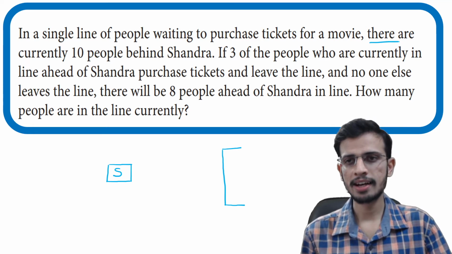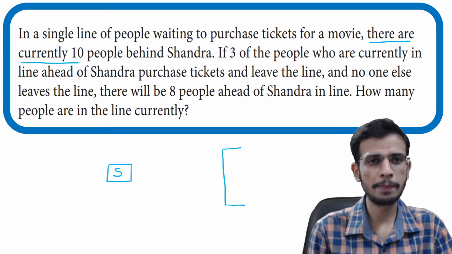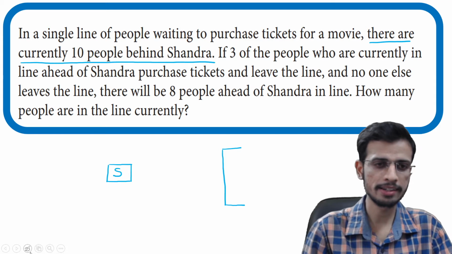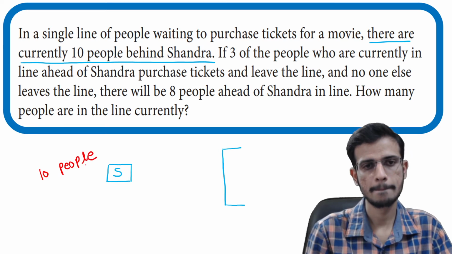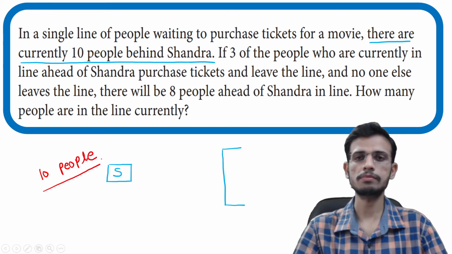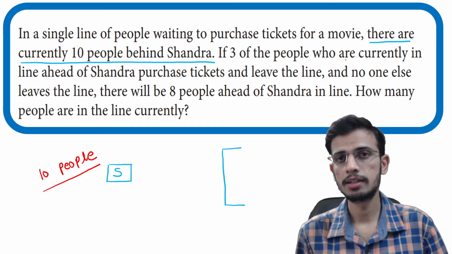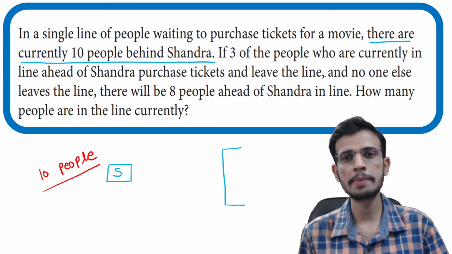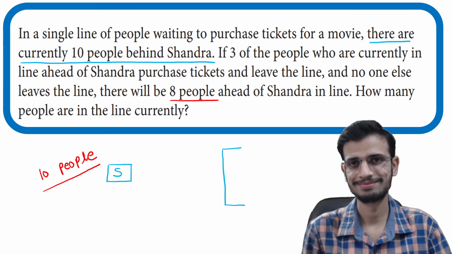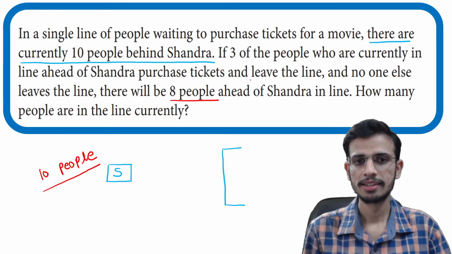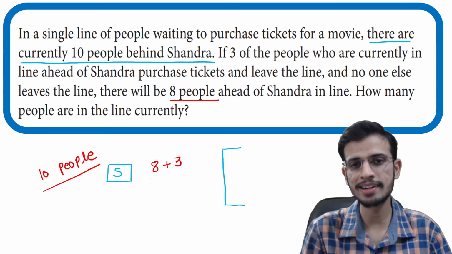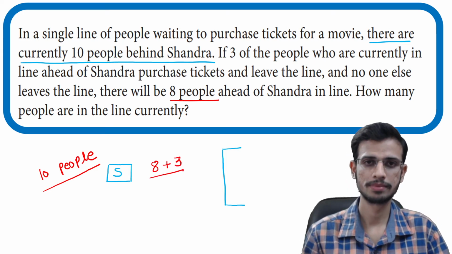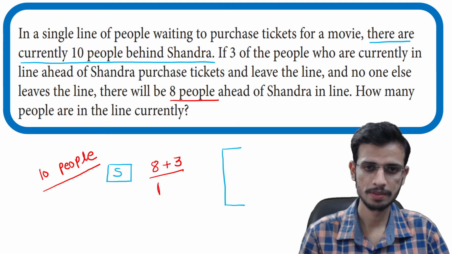We are given that there are currently 10 people behind Sandra. So I am writing there are 10 people. If 3 people purchase the tickets, there will be 8 people left. But currently there will be 8 plus 3 people. Yes or no? This is the current state.